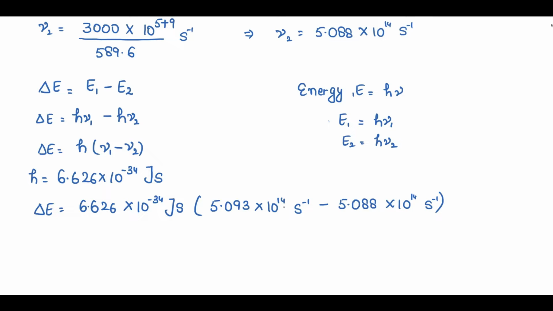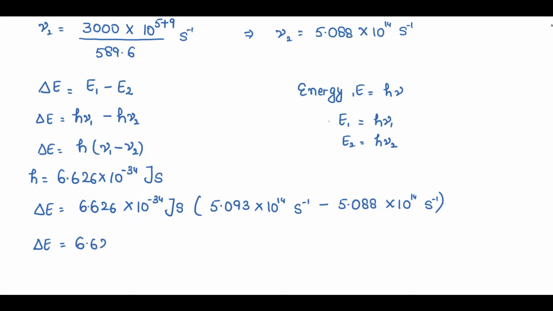If I'm having powers in addition or subtraction, I can take them common, right? So here I am having 10 raised to power 14 with 5.093 as well as 5.088. So what I'll do, I'll simply take 10 raised to power 14 common, right?